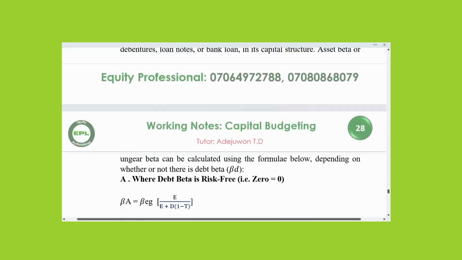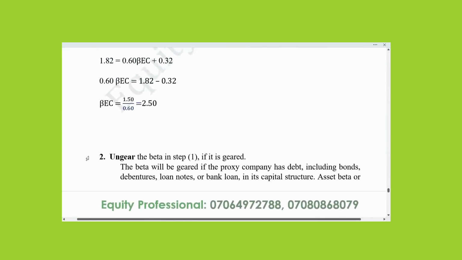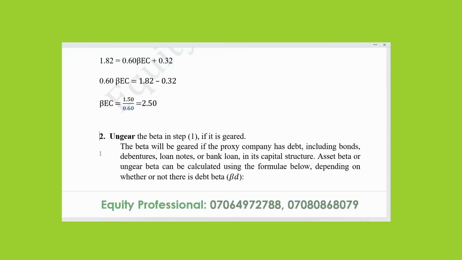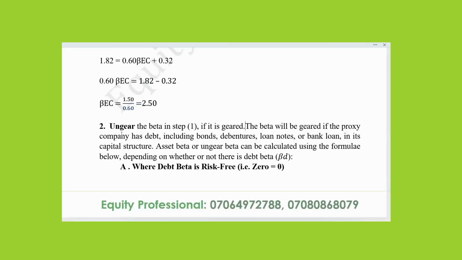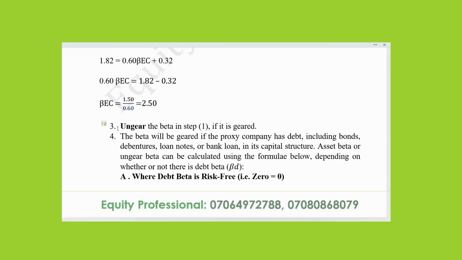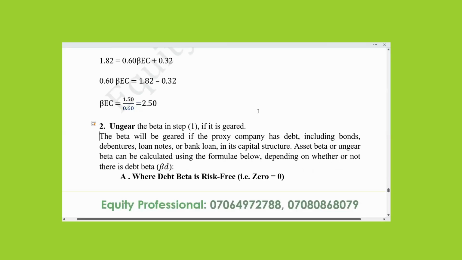Therefore, this 2.5 is a geared beta. If it's a geared beta, then you need to ungear it. Ungear the beta in step 1. Let me flash it up for you.